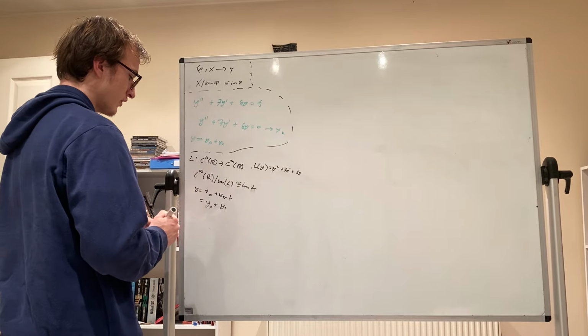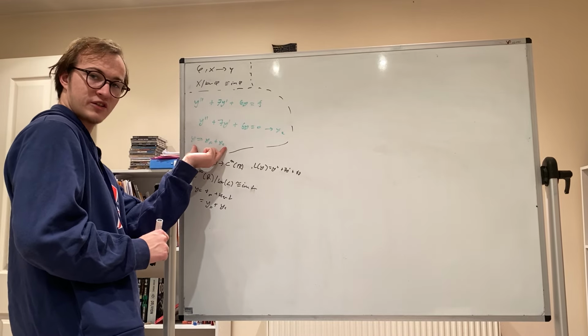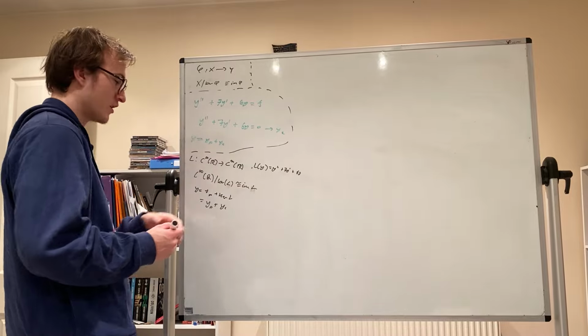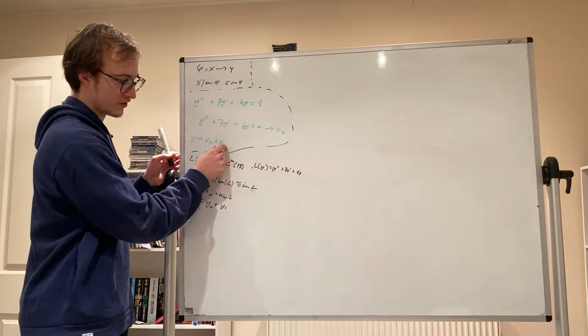So this statement here is really just about cosets. yp is just a representative of the coset.